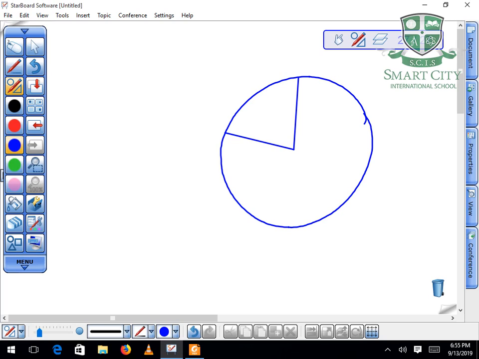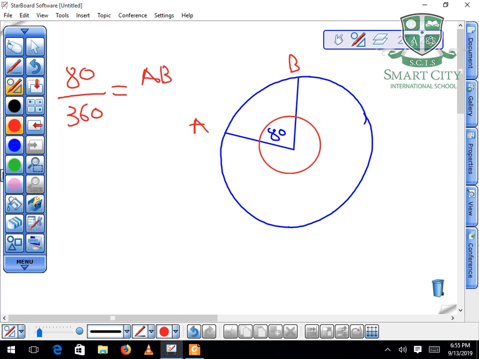If this angle is 80, it is 80 out of 360, correct? So arc AB has the same portion, 80 out of 360, as a length.